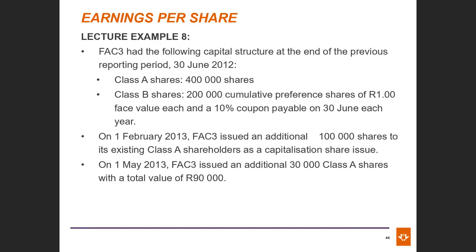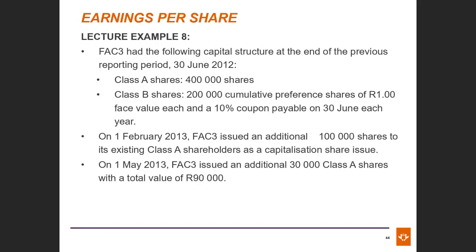Okay. So in lecture example 8, FAC3 had the following capital structure. At the end of the previous reporting period, 30 June 2012, we had Class A shares of 400,000 shares, Class B shares 200,000 cumulative preference shares of R1 face value each, and a 10% coupon payable on 30 June each year.